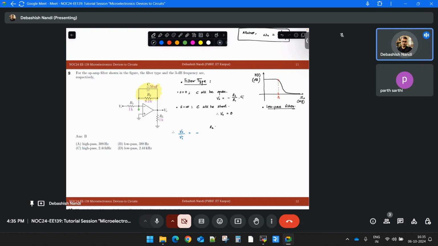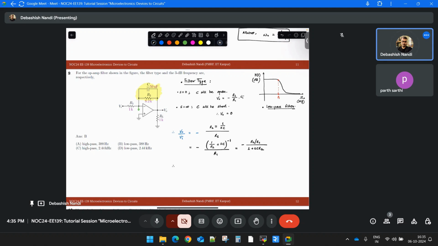Minus R2 parallel 1 over SC, divided by R1. Can I write it directly? Yes, sir. So R2 times 1 over SC divided by R2 plus 1 over SC, divided by R1. That will be R2 divided by 1 plus SCR2, divided by R1.